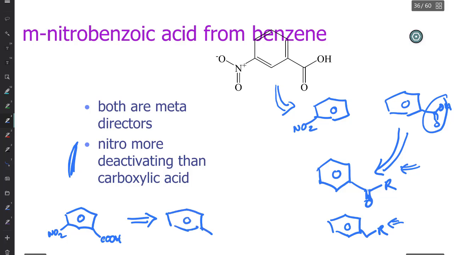This part's okay. But then I have to think about how I'm going to make this, and that needs to come from something like this, okay? So how do we get to that? Well, that we get to from this. So we're going to have to do an acylation.